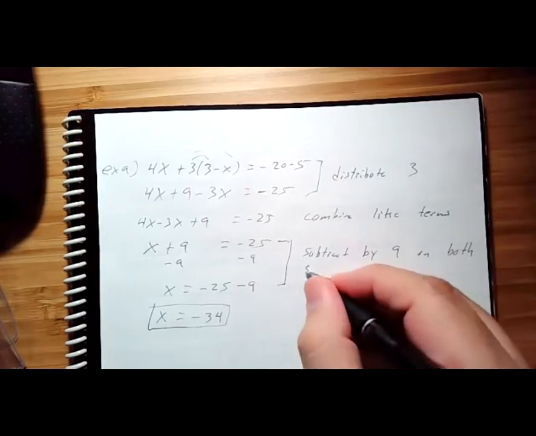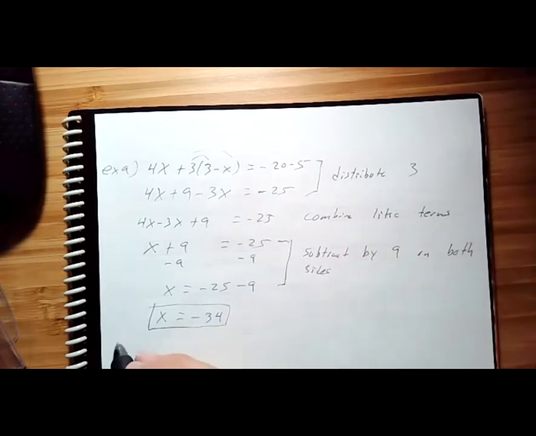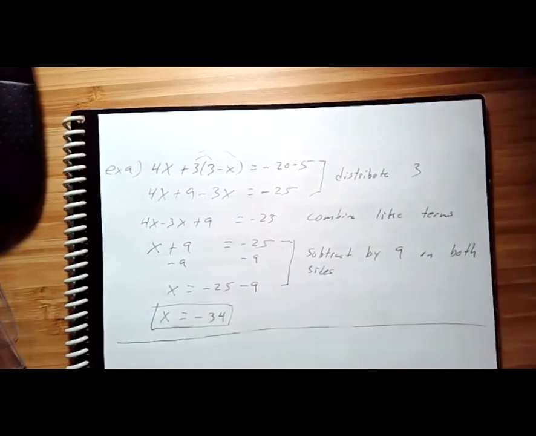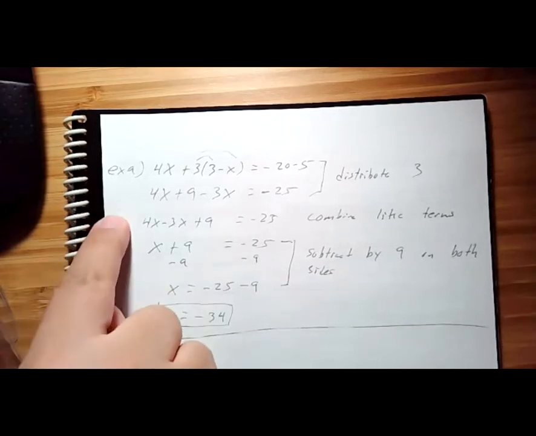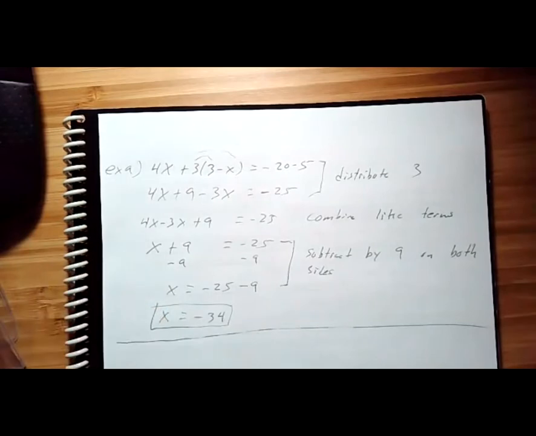Subtract 9 on both sides. You guys cool on number 9? Yes, sir. Okay, that's pretty much it for 2-1, unless you want some more examples on these type of problems. You guys, does it make sense? If not, I'll move on to something else.